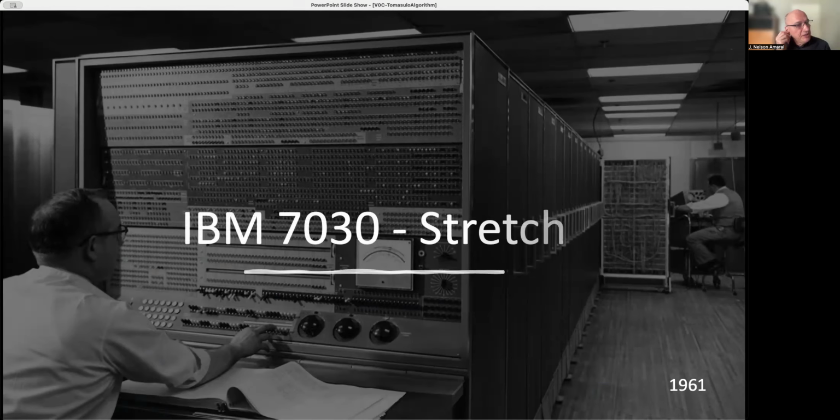But it really became a commercial use in what is known through history as the first supercomputer. That's the start of the age of high performance computing with the design of supercomputers in 1961 with the IBM 7030 that was called the Stretch project.